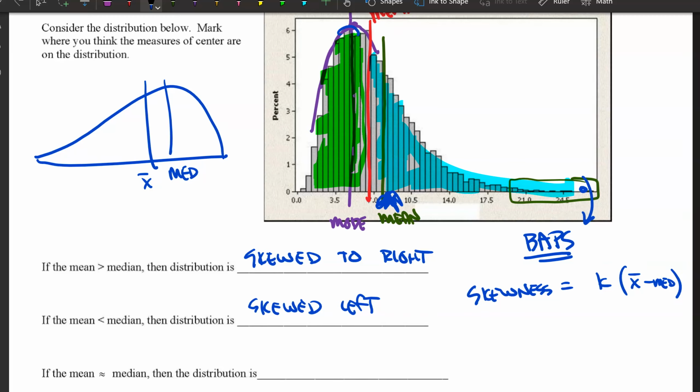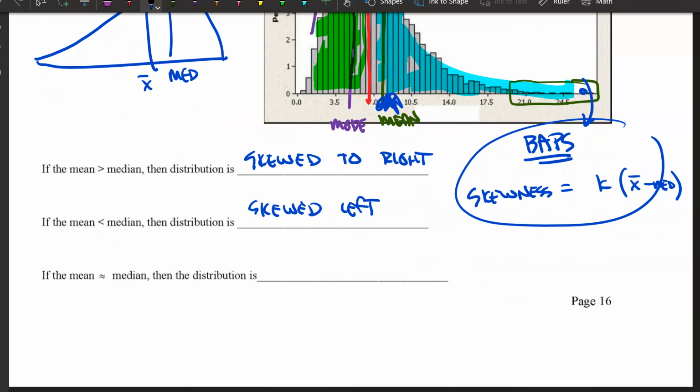Because the difference between the mean and the median is kind of a measure of how skewed the distribution is, okay? But we don't need to worry about that. If the mean is approximately equal to the median, then the distribution is approximately symmetric. Don't ever say things are symmetric. Say they're approximately symmetric, because rarely in stats is anything perfectly symmetric.